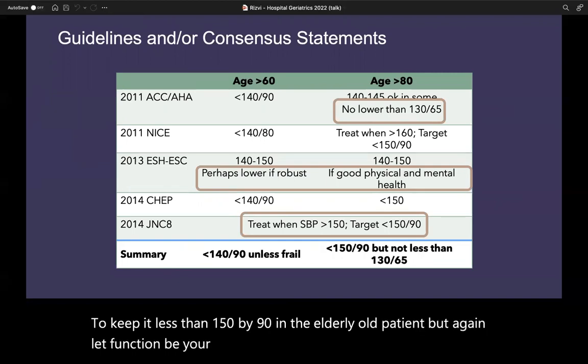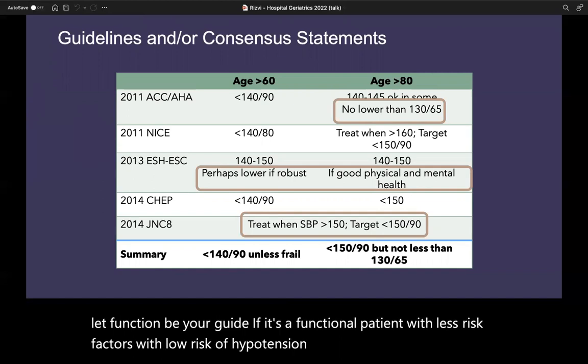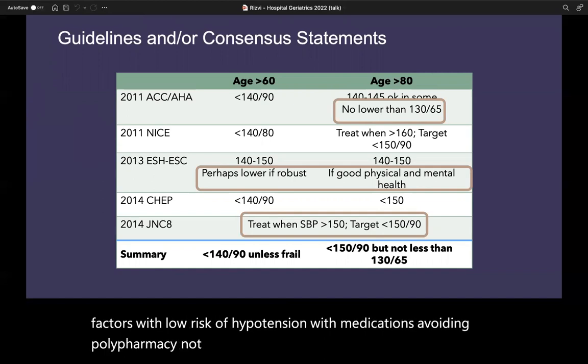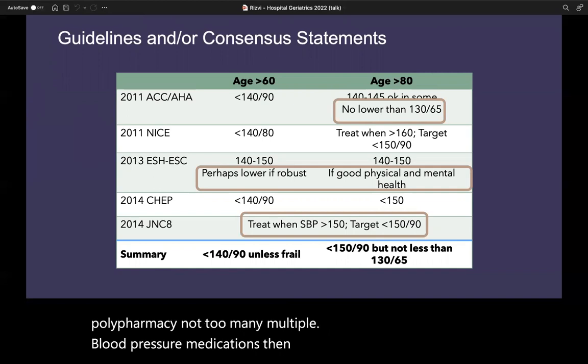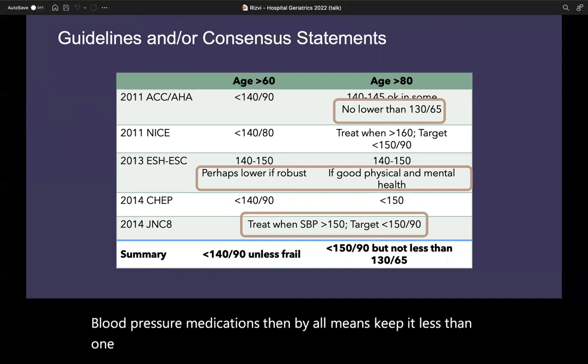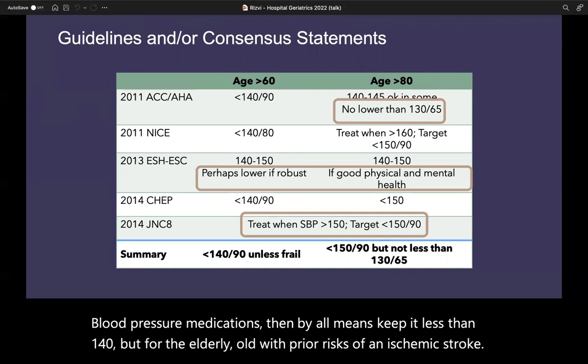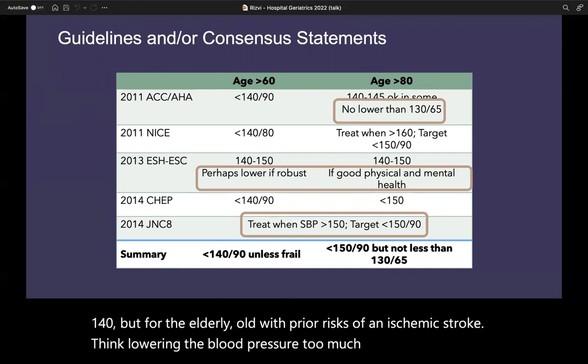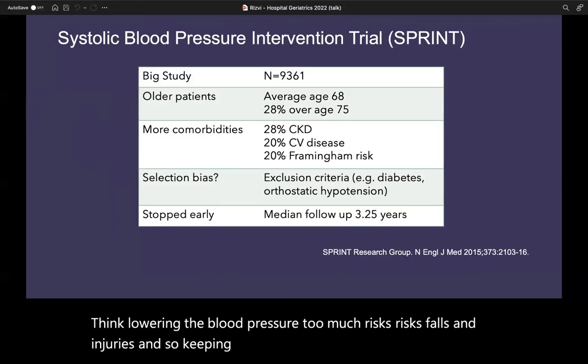If it's a functional patient with fewer risk factors, with low risk of hypotension with medications, avoiding polypharmacy, not too many blood pressure medications, then by all means keep it less than 140. But for the elderly old with prior risks of an ischemic stroke, I think lowering the blood pressure too much risks falls and injuries. And so keeping it close to 150 is a good number.